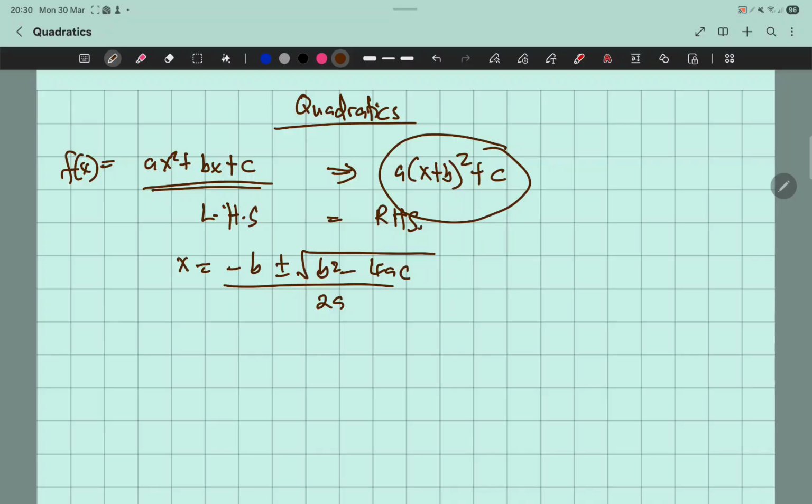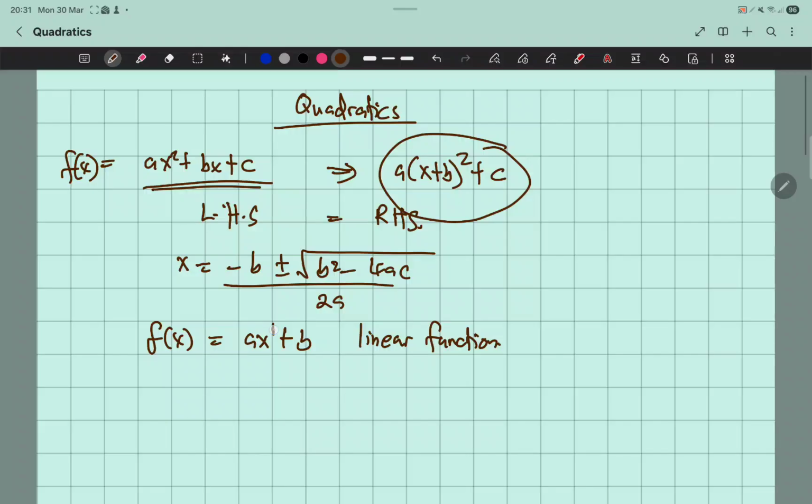So let's just understand it from this point. Let's say f of x is equal to ax plus b. This is known as a linear function, because the highest power of x in this function is 1.